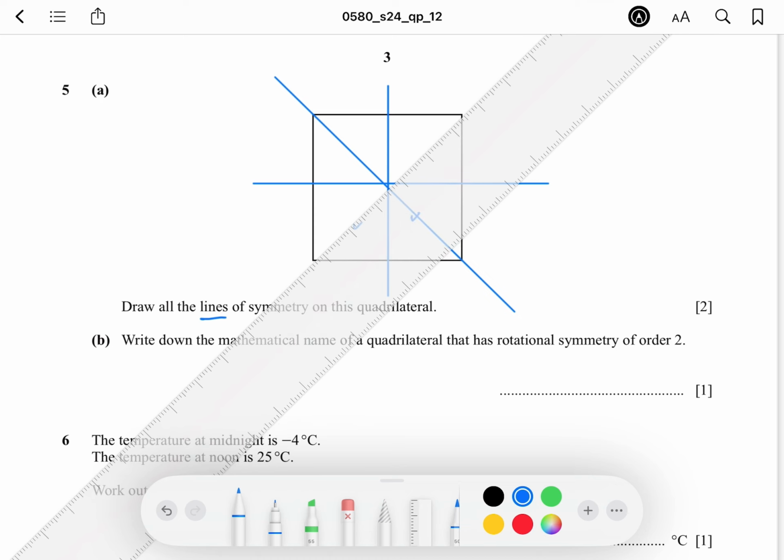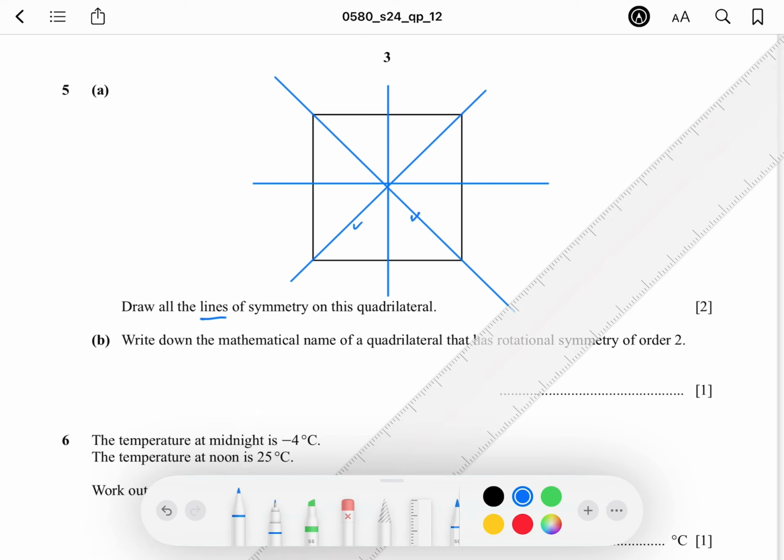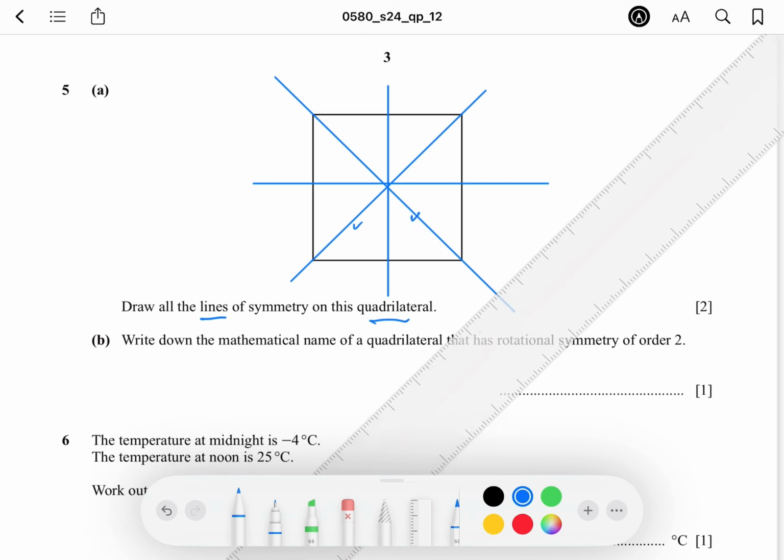1, 2, 3, 4. So actually nya, when it says quadrilateral what quadrilateral is this? It's a square. How do you know it's a square? Both sides. How do you know they are equal? The perimeter area. Kamu pakai ruler and measure.